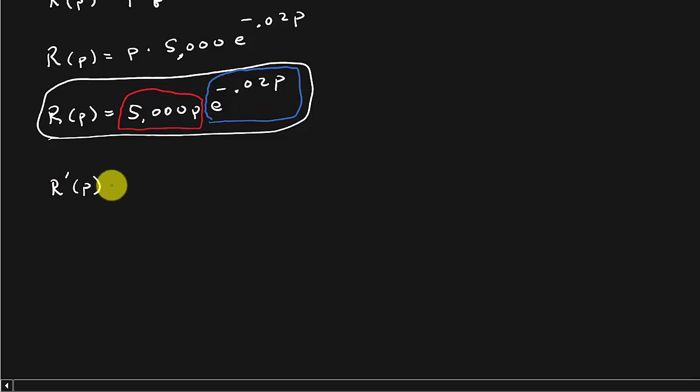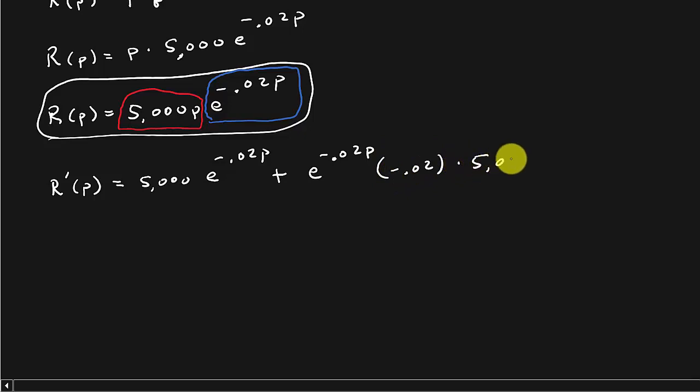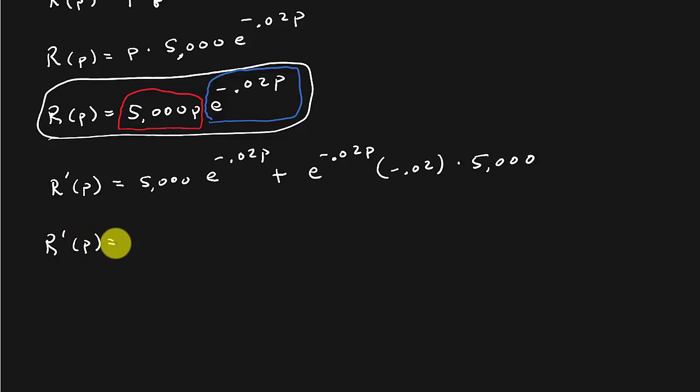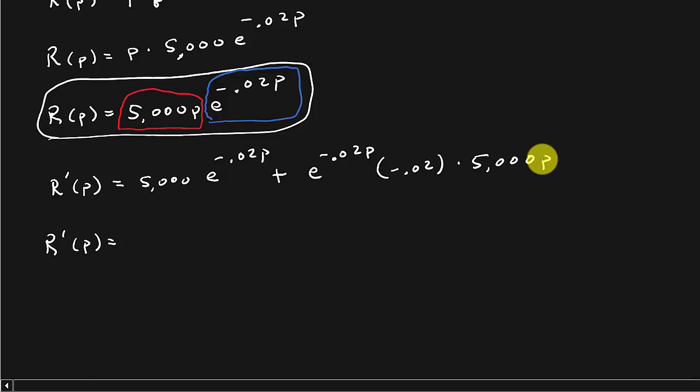So the derivative of the first is 5,000 times the second function, e to the negative 0.02p, plus the derivative of the second function, e to the negative 0.02p, times the derivative of the exponent, times the 5,000p. I forgot that p there. See, this right here, that's the derivative of this, and then times the first function. I just forgot to put the p on there.